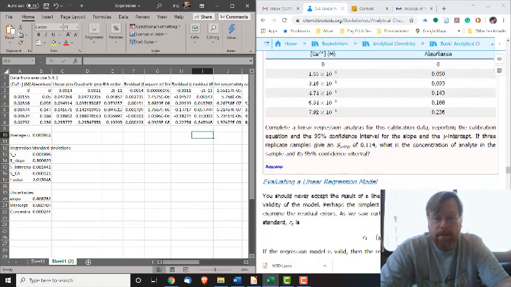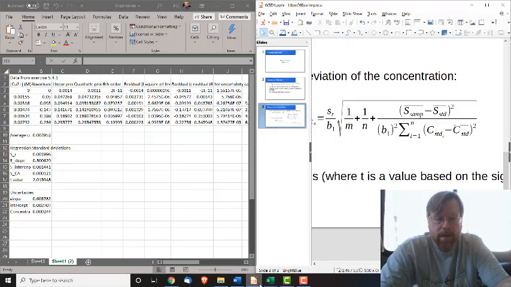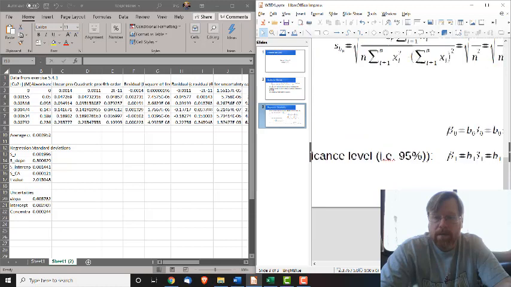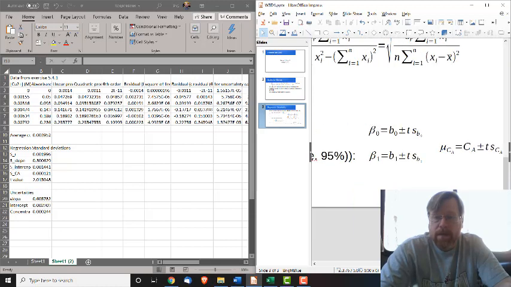The last step is to actually calculate the uncertainties. So we've got the uncertainty of the concentration, as well as an uncertainty for the slope and intercept. They've switched notation a little bit for the slope and intercept ones, but those are the formulas.